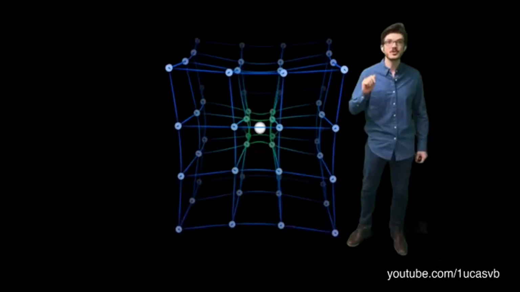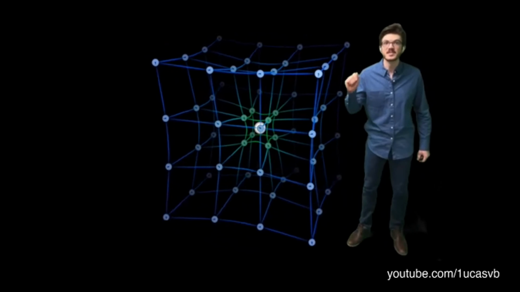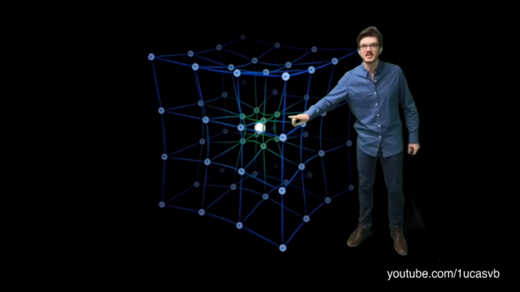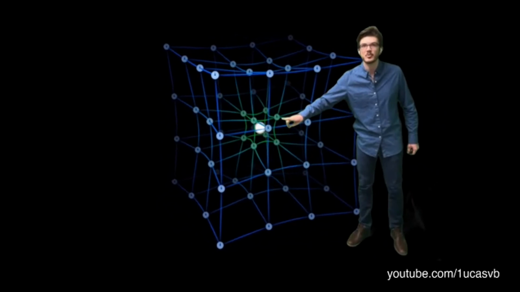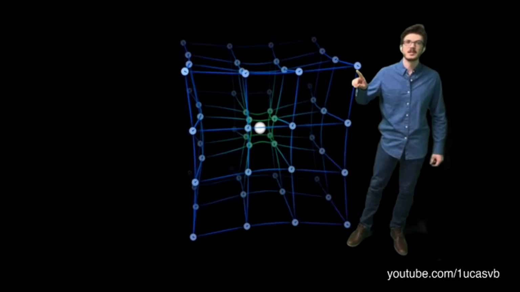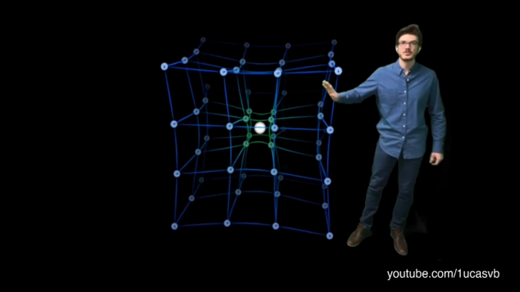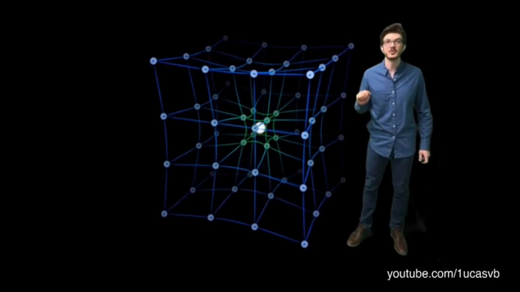Not only that, they are more curved closer to the massive object than they are further away. So this massive object is warping the 3 dimensions of space, but it's also warping the dimension of time. Notice that the clocks that are closer to this planet are ticking more slowly than the clocks that are further away. So this is how a massive object warps 4 dimensions.